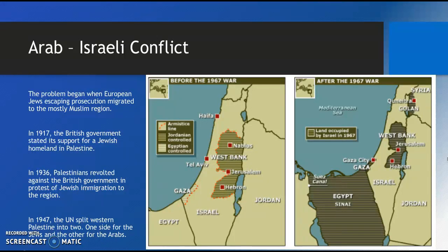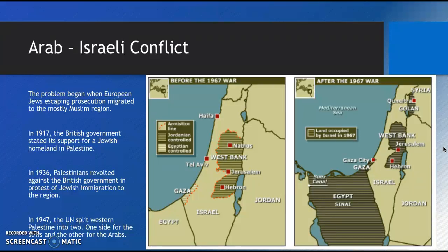The Arab-Israeli conflict. Like I said earlier, Israel wasn't always Israel, and it resides in a region that used to be part of the Ottoman Empire, so it was a completely Muslim region. So the problem began when European Jews that were escaping persecution migrated to this mostly Muslim region.